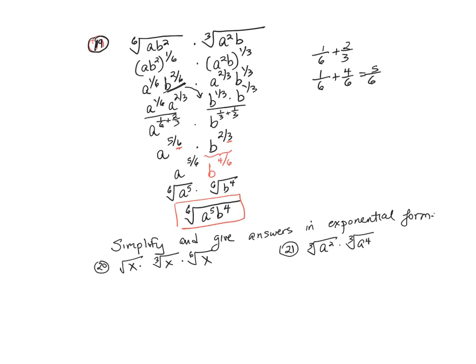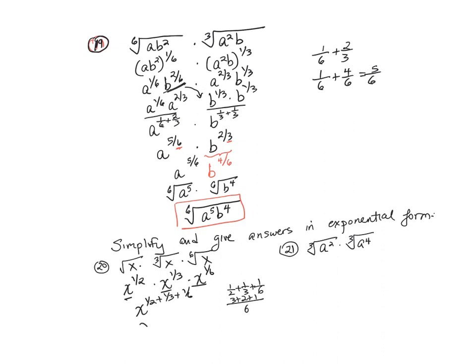Okay, so to do number 20, we write this as x to the 1/2 times x to the 1/3 times x to the 1/6. We have the same base. We add the exponents, x to the 1/2 plus 1/3 plus 1/6. And when we do that arithmetic, we have 1/2 plus 1/3 plus 1/6 is equal to, all over 6, 3 plus 2 plus 1.